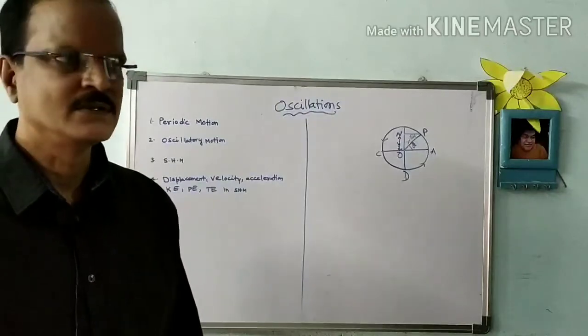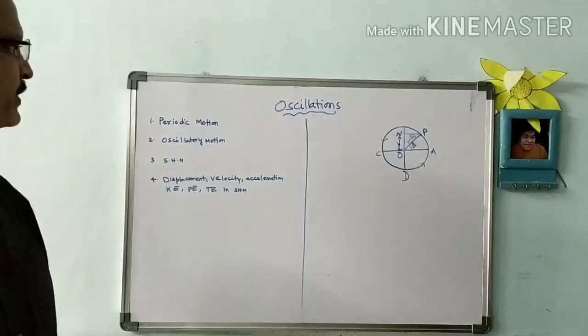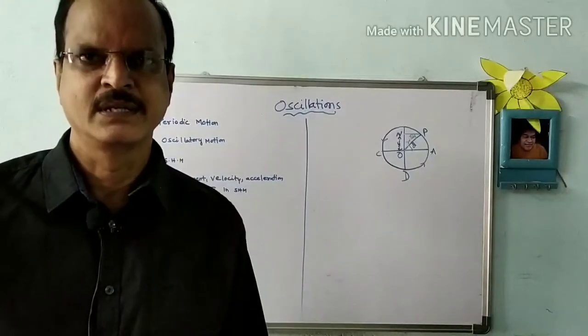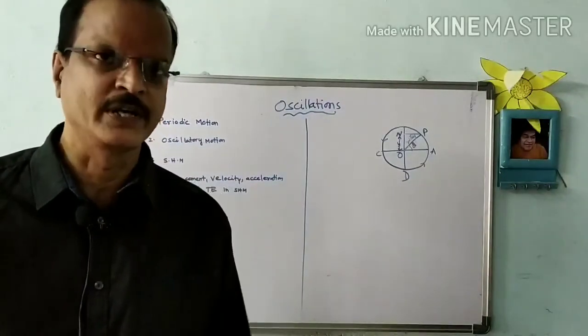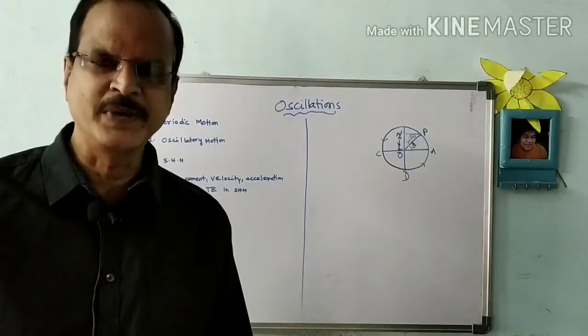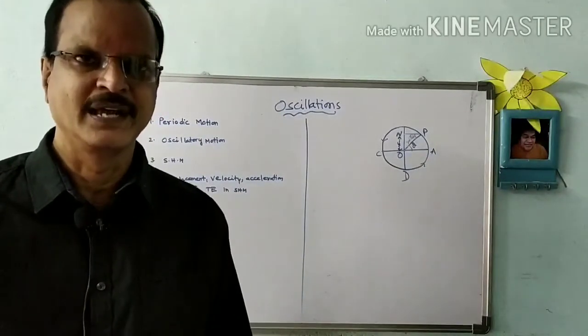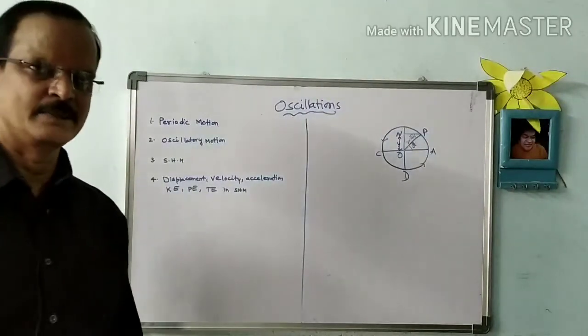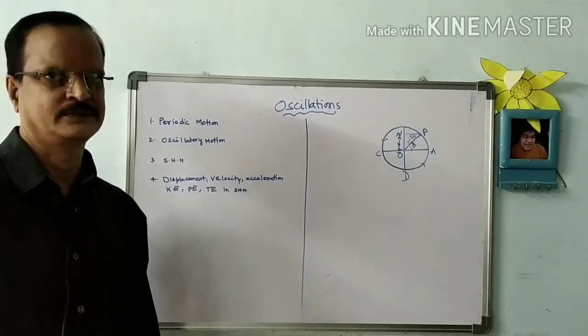Okay, so first we talk about periodic motion. So what is periodic motion? The motion which repeats itself in equal intervals of time is called periodic motion.